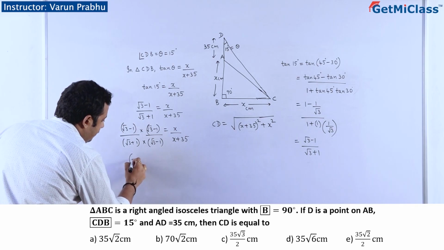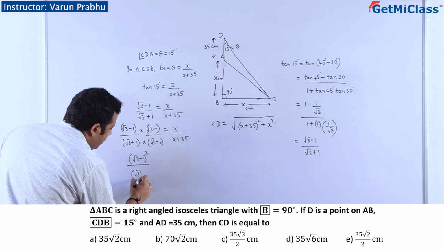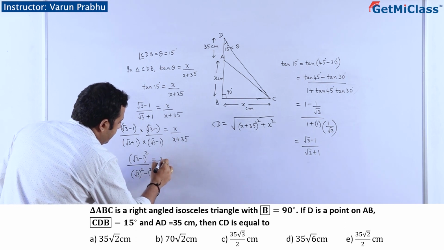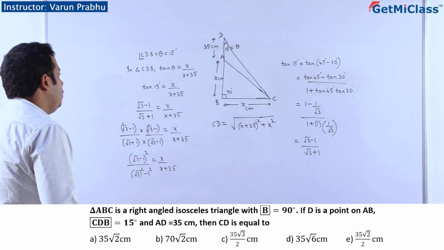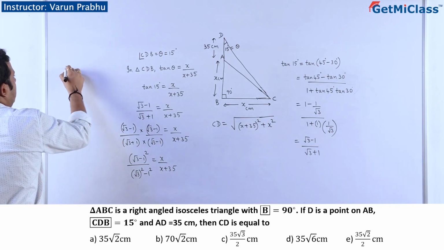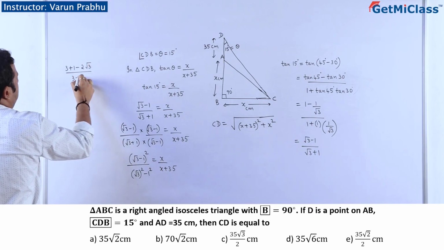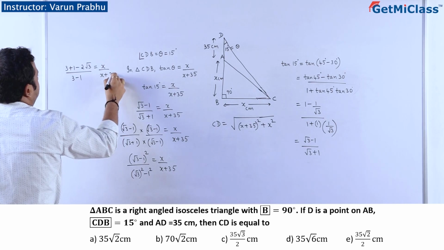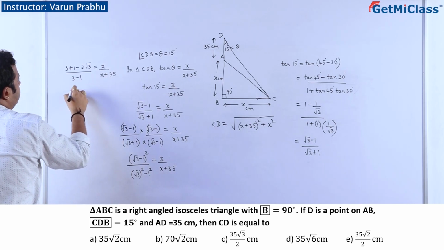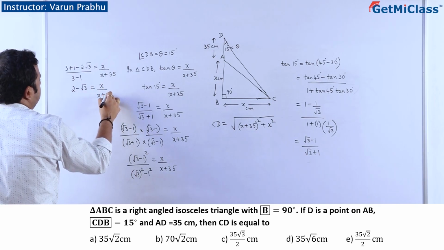What is the answer that we get? Root 3 minus 1 the whole square divided by root 3 square minus 1 square. So 3 plus 1 minus 2 root 3 divided by 3 minus 1. So 4 minus 2 root 3 over 2 gives 2 minus root 3, that is equal to x divided by x plus 35.